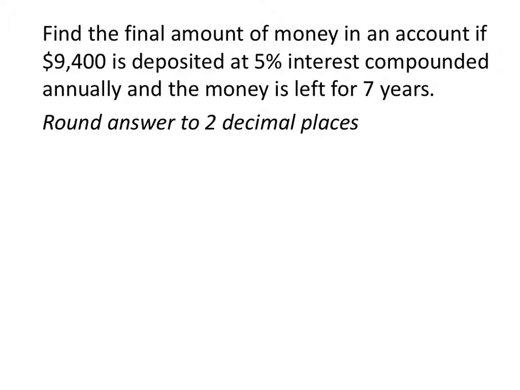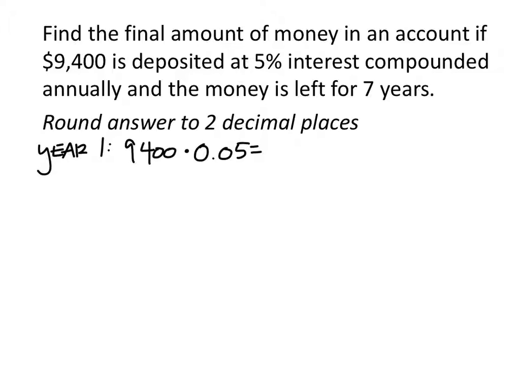Okay? So here's what we know: we're going to start out with $9,400. We're going to call this year 1. So we're starting with $9,400, and we're going to make 5% interest. So I need to multiply that by 5%, which would be 0.05.